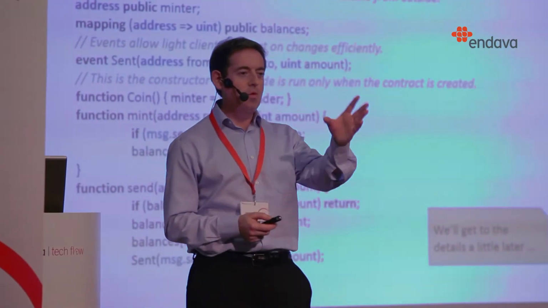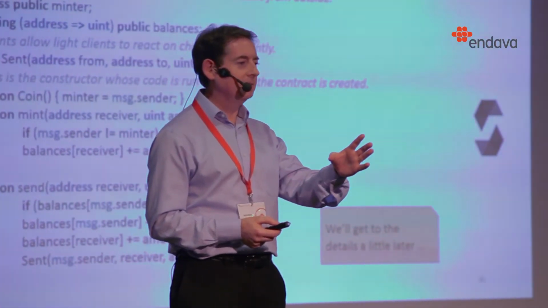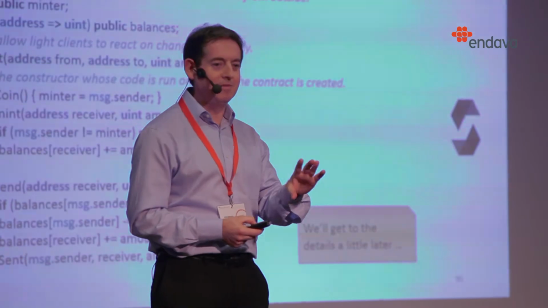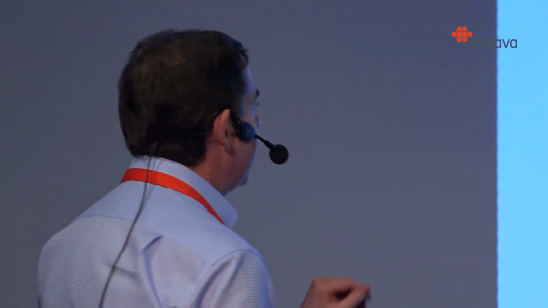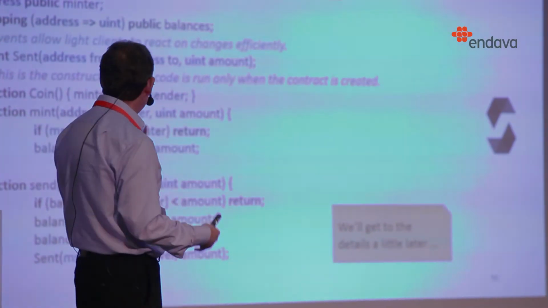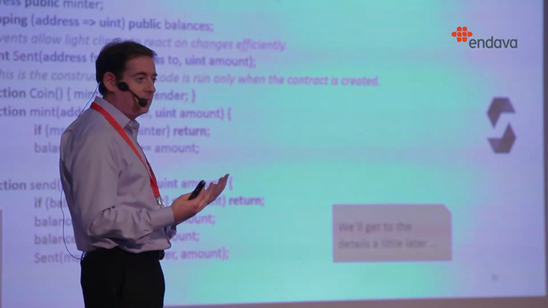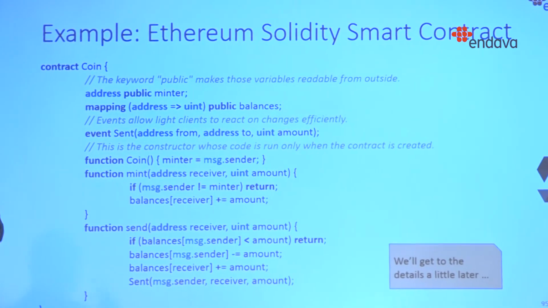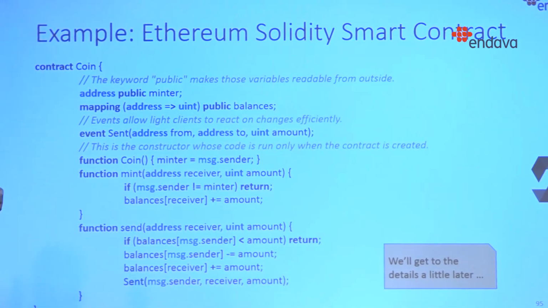So this is what a smart contract looks like, which I realize, having walked to the back of the room earlier, you can't see. So you'll have to believe me, because I'm bound to be telling the truth, because I'm speaking in public. It looks a bit like normal code. It looks a bit like a cross between JavaScript and Pascal, something like that. For those of you at the back, you're thinking, my God, what would that look like?